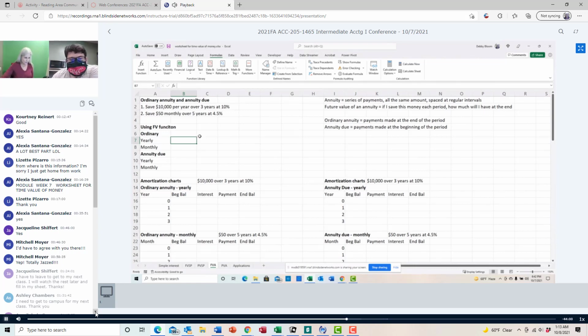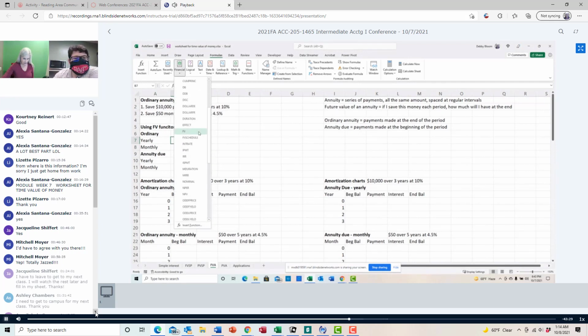So in cell B7, we want to calculate how much we will have if we save $10,000, since it's an ordinary annuity. How much money will we have if we save $10,000 at the end of each of 3 years? We want to know how much money we will have at the end of the 3 years. So I'm going to click in cell B7, Formulas tab, Financial, and we're going to go back to FV.